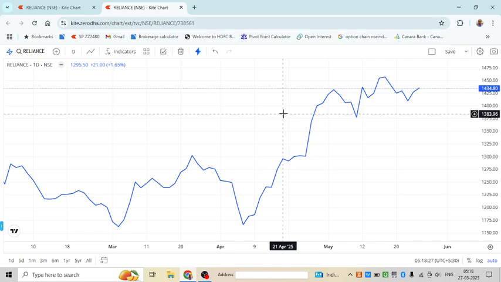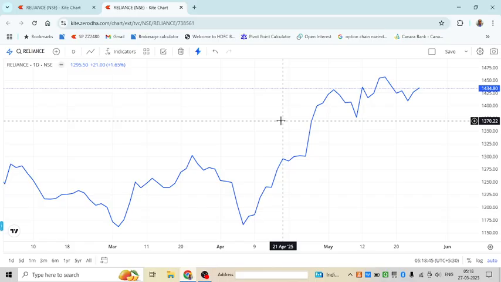Now let us see in more detail. Here it is the 21st April close rate, and I am getting the close rate by this blue line. If I move the cursor, the rate will be different.